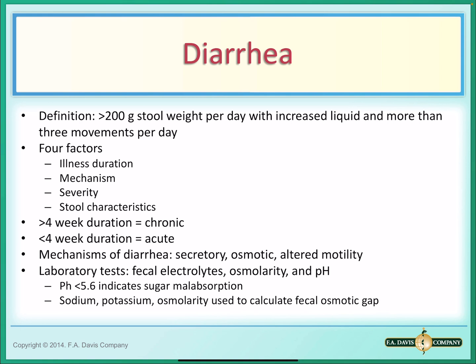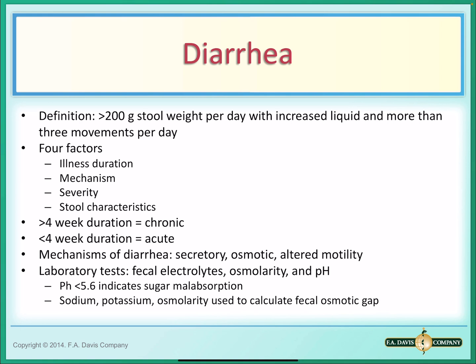Okay, so now let's talk about the clinical classification of diarrhea. Diarrhea classification can be based on 4 different factors: the illness duration, the mechanism, the severity, and the characteristics of the stool.